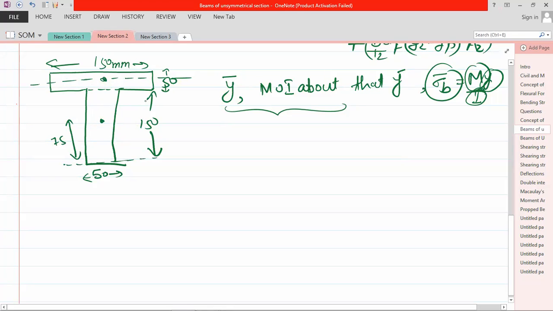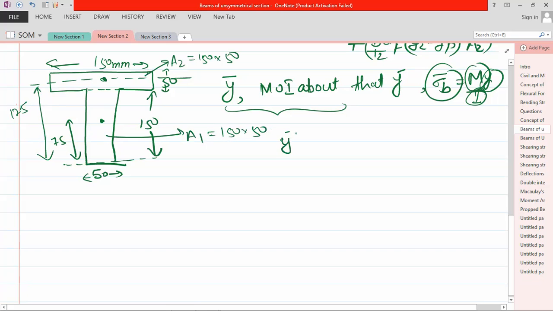What is the distance? This is 150 and this is 25, so it is 175. The area of this portion A2 is 150 into 50, and this area A1 is also 150 into 50.